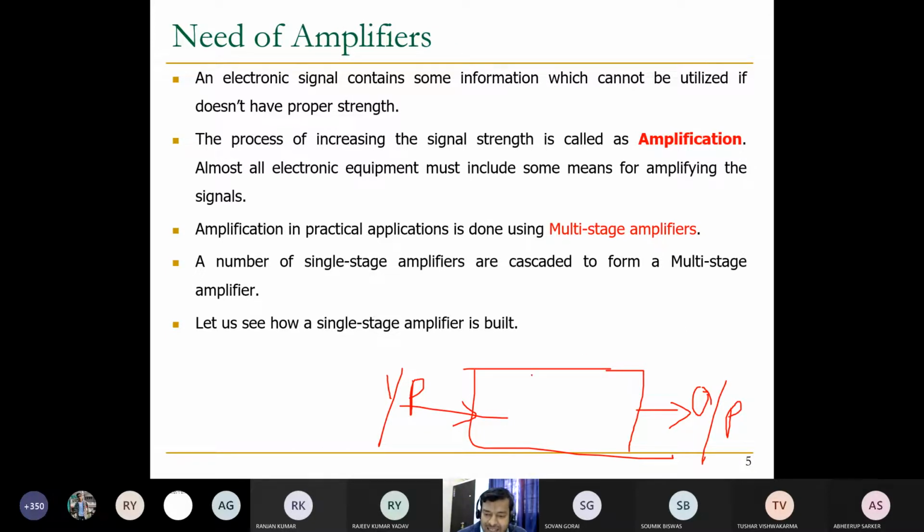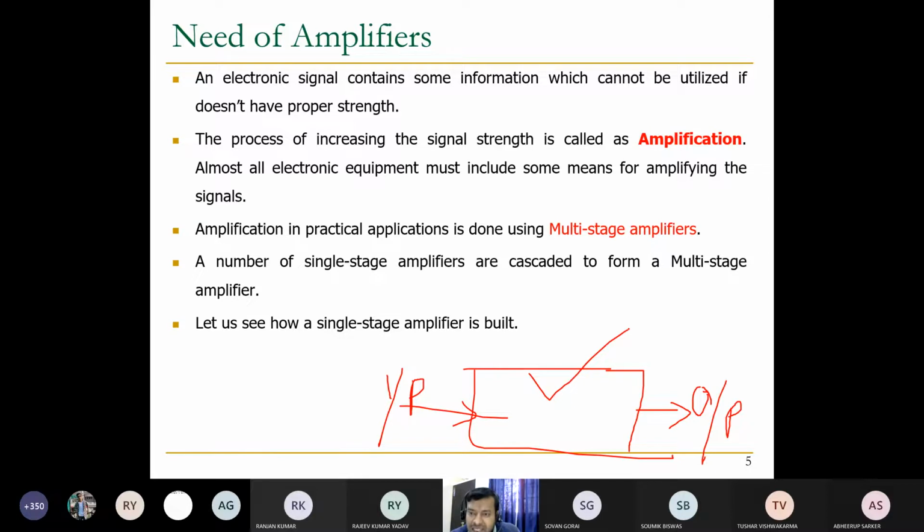So this circuit is known as an amplifier, because this circuit is converting, better to say, converting a low strength signal to a high strength signal, or it is increasing the signal strength, and that process is known as amplification. It means you are magnifying the amplitude of the signals.